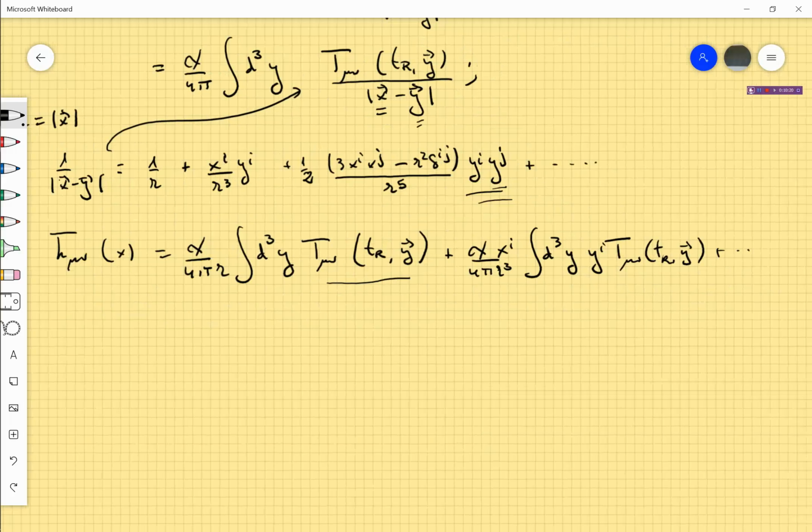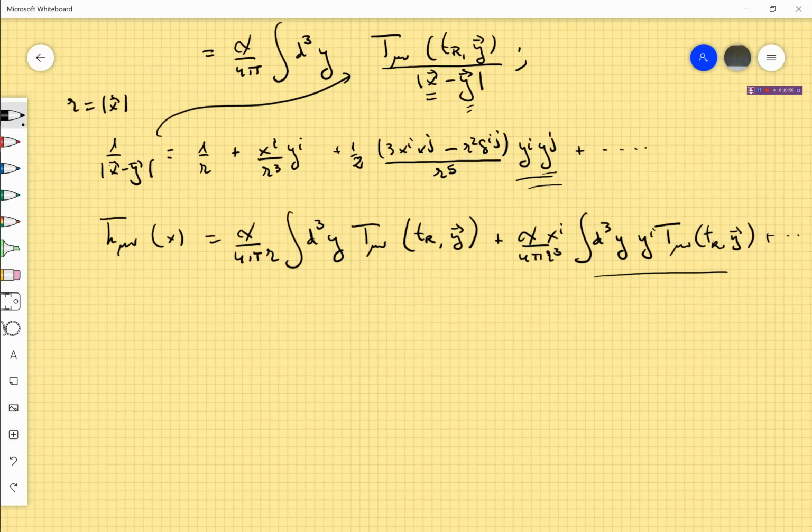If, for instance, you consider a spherically symmetric distribution, then automatically all these moments will vanish because you integrate over positive and negative values of y^i, and you just get 0. So all the higher moments would be 0, and then you would only have this first term. You have the monopole moment, and the integral of T^00 will give you the mass, and you will get the momentum for the 0i components. And this is more or less what you expect.